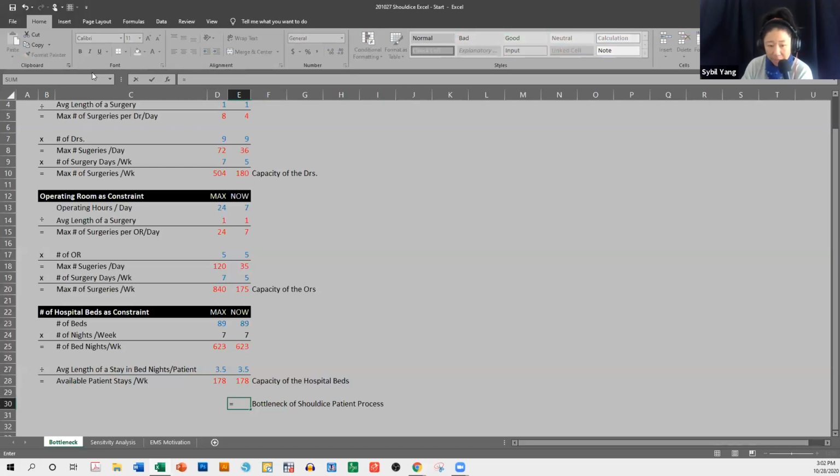I'm going to say the minimum of this number and this number. So right now, the minimum is 175. The smallest capacity, the smallest throughput, is the bottleneck of the process. So right now, the operating room is our constraint. If we run the operating room 8 hours a day, then the hospital beds is the constraint.